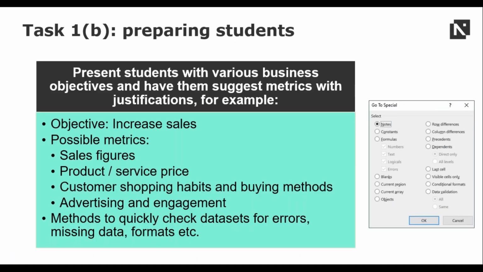Now, ensuring students make use of the brief and the client's needs is important throughout the assignment, so it's worth giving students example objectives and getting them to suggest what to look out for. So if the objective is to increase sales, then some suggestions might be to see what the current sales data is saying. Are any particular products more popular than others?